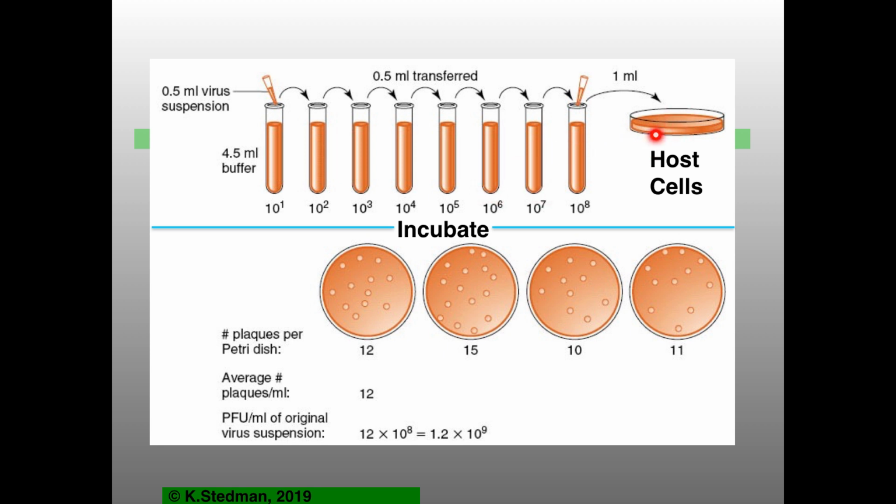Then, once you've done this, you incubate, and this incubation step is also critical because it allows the virus to replicate, to spread to the host cells that are next to it, and then those host cells to produce more virus to spread to the cells that are next to that. The reason this has to be done is that you have to have something detectable, a detectable infection of some way, shape, or form.